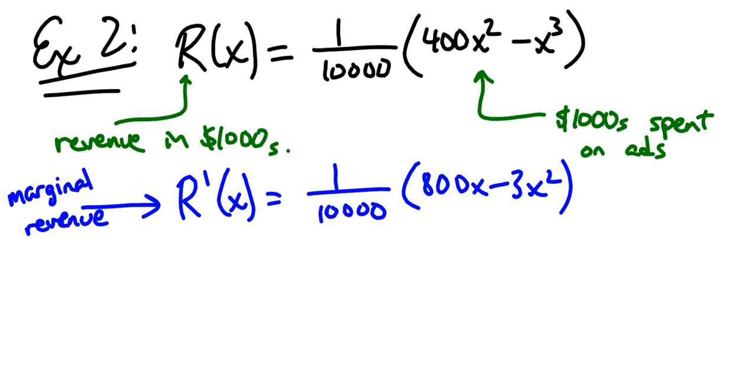Well, sure, the first few thousands of dollars that you spend on ads, you're going to get a positive marginal revenue, and so you know you're bringing in more money if you do that. But there comes a point where you spend more money on ads, and it doesn't bring in more marginal revenue. Well, where is that point? That's the point of diminishing returns.